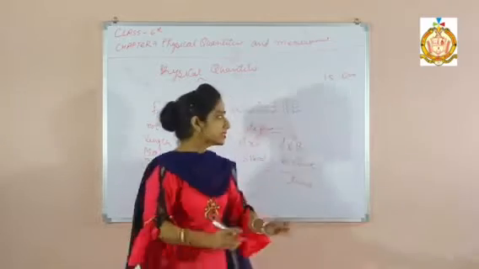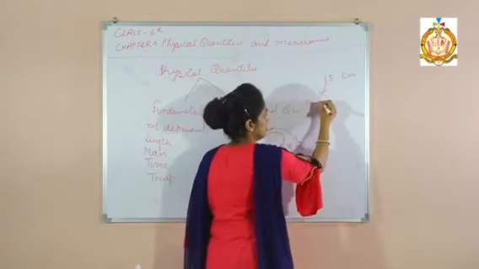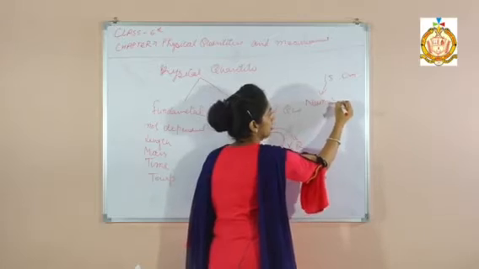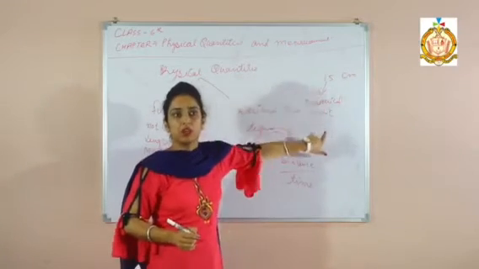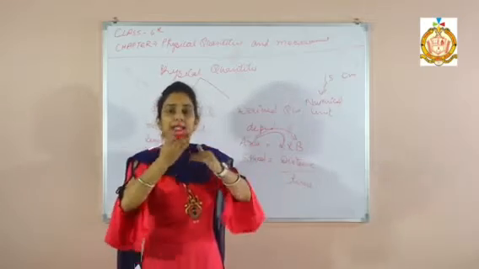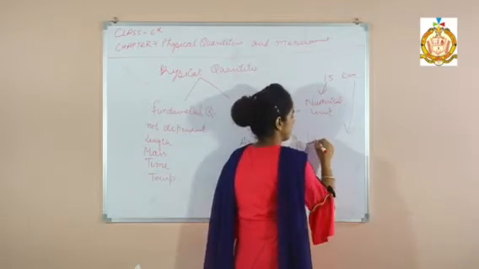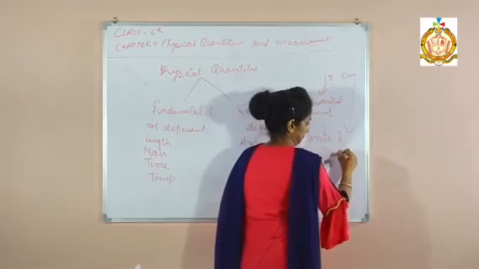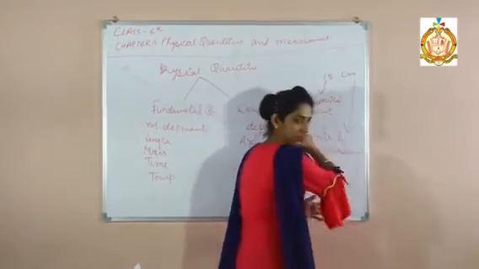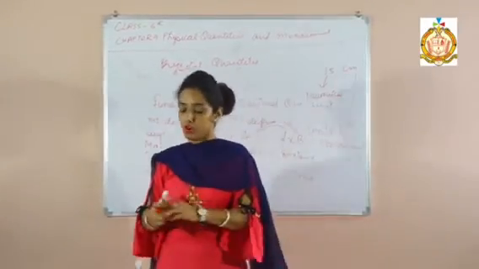So the first value, 15, is called the numerical value, and centimeter is called the unit of measurement. That is called the unit of measurement, right?